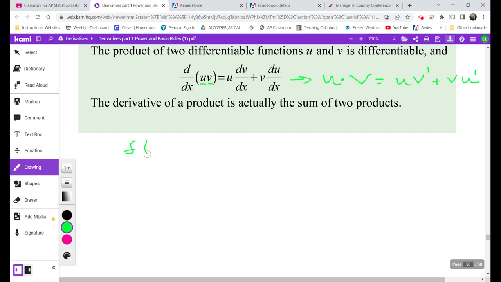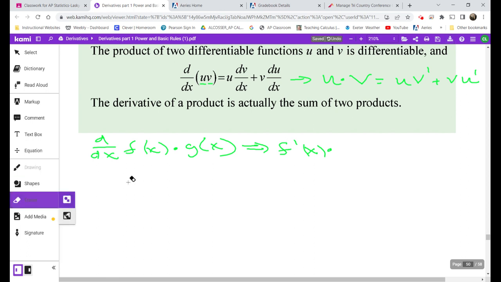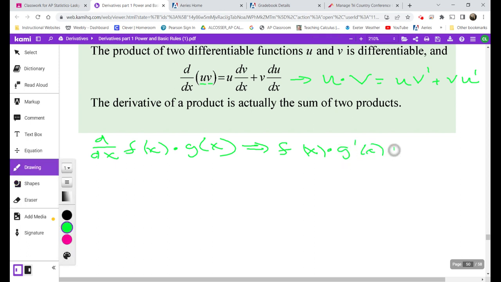Another way is f of x times g of x. If I want to find the derivative of those, I am going to write it as f of x times g prime of x plus g of x times f prime of x, or f times g prime plus g times f prime.